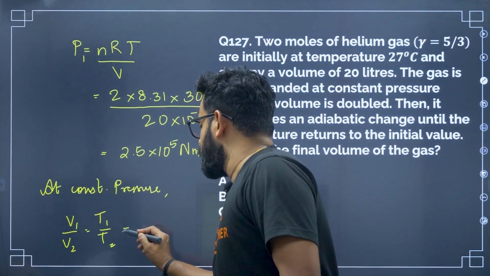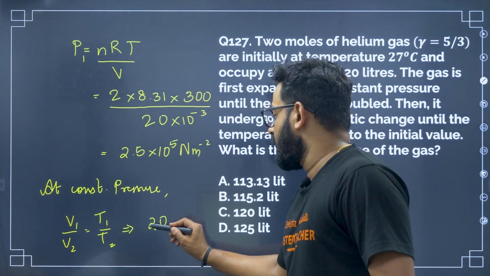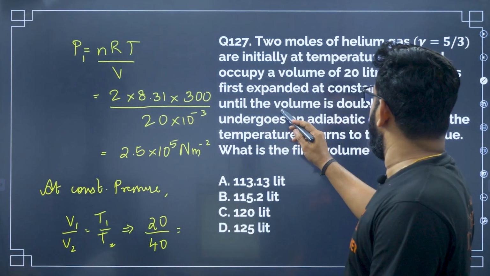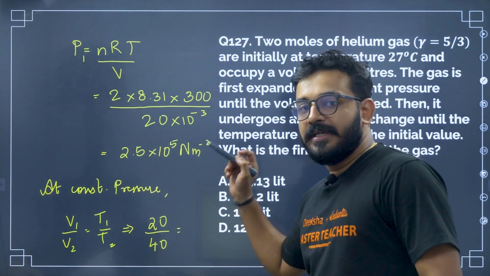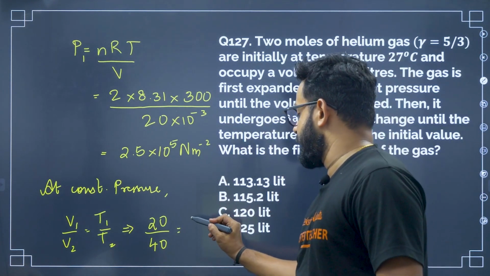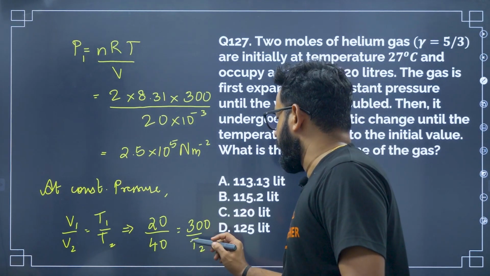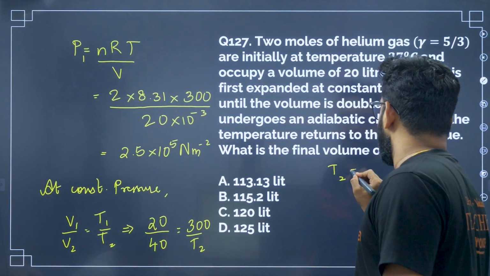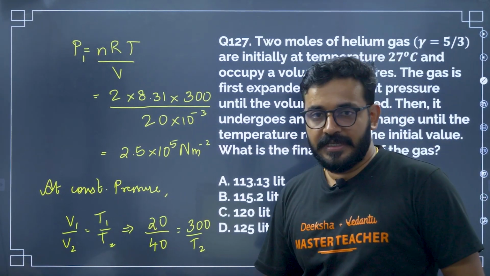When you apply the values, V1 is 20, V2 is 40, doubled, and T1 is 300 by T2. So T2 is 600 Kelvin.